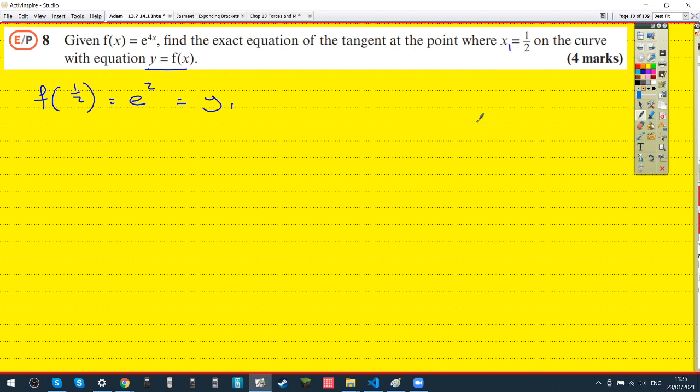We want the equation of the line. In general, the equation of the line is y minus y1 equals m times x minus x1. So we need the x's. We have x, it's a half, they gave that to us. We only need y1, x1 and m. We have x1, we have y1. Okay.